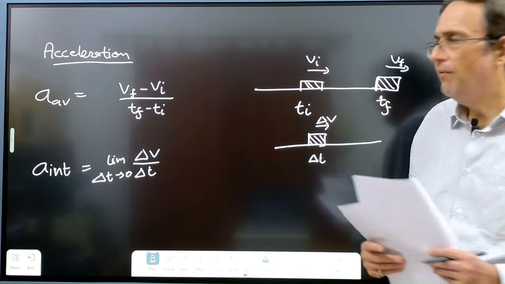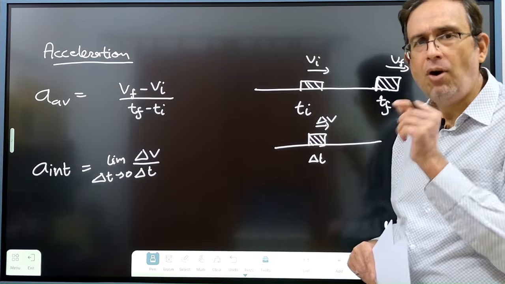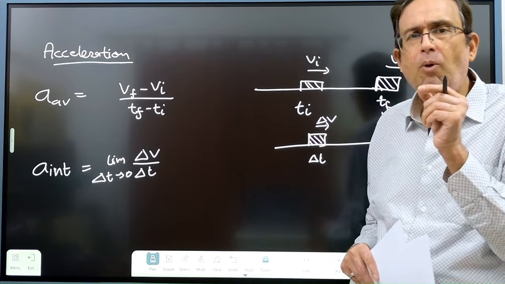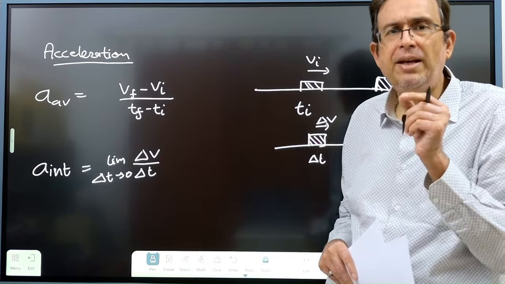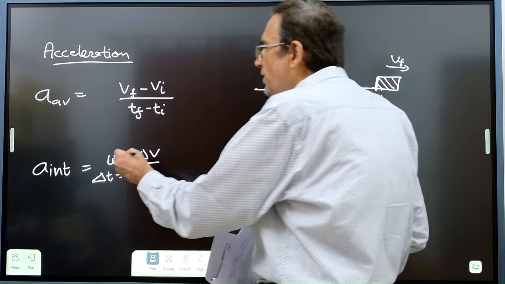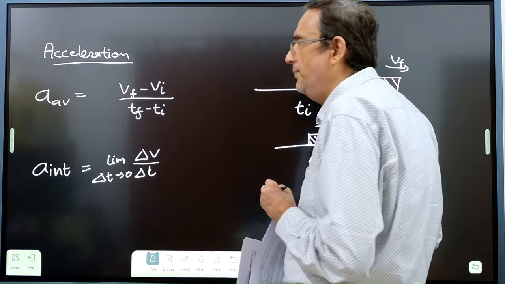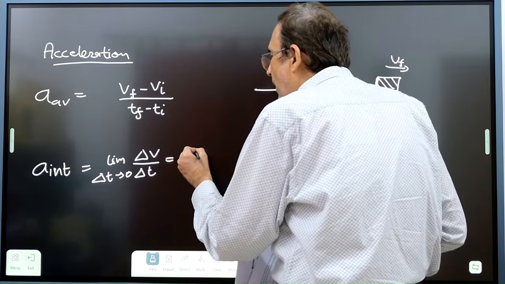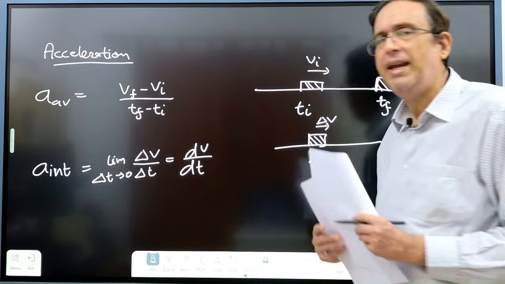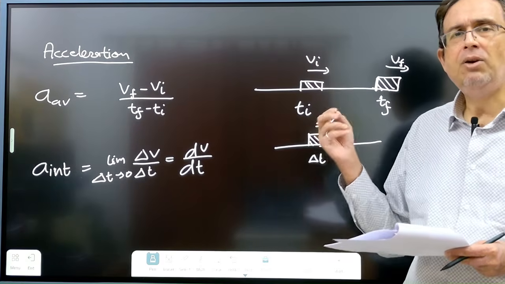So when you take the change in velocity that you are measuring for that object at a very small instant of time, a period of time tending to 0, and you take the limit of delta t tending to 0 of delta v by delta t, you can represent it by the notation dv by dt. So this is the instantaneous acceleration, the acceleration at a particular instant.